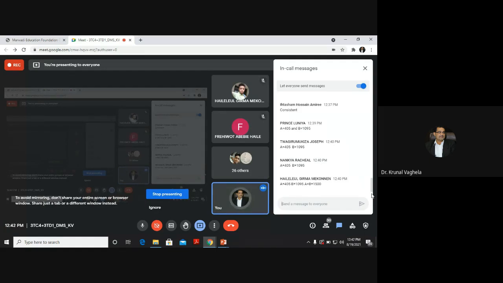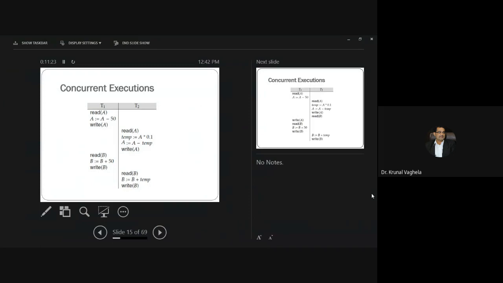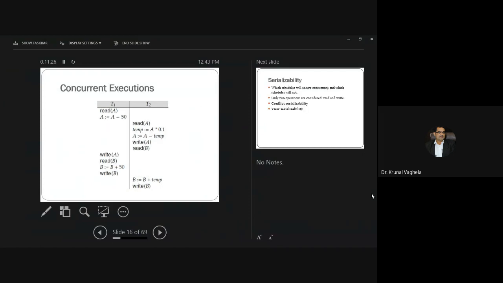Let's see the next example, and now you calculate this. Observe everything carefully and let me know.